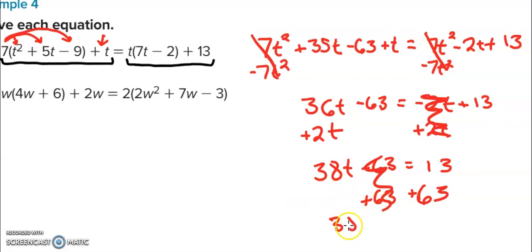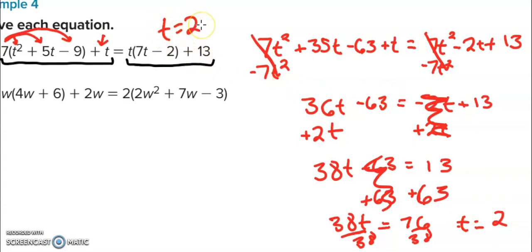So we get 38t equals 78. Sorry, not 78. I'm an idiot. 76. We divide by 38 on both sides, and we get t equals 2. Okay. So it's a bit of a ways to go, but we get t equals 2.